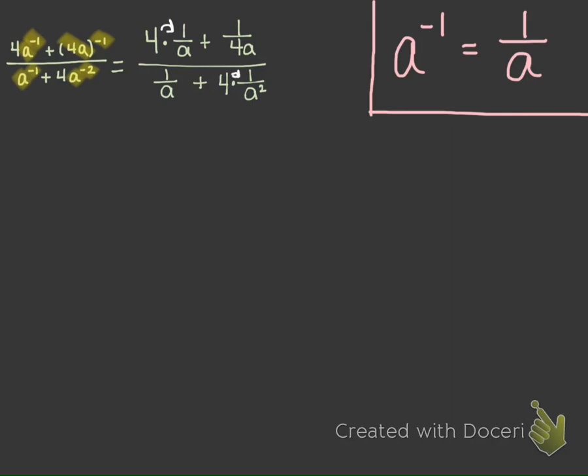So using that, I would have 4 over a plus 1 over 4a, all over 1 over a plus 4 over a squared.